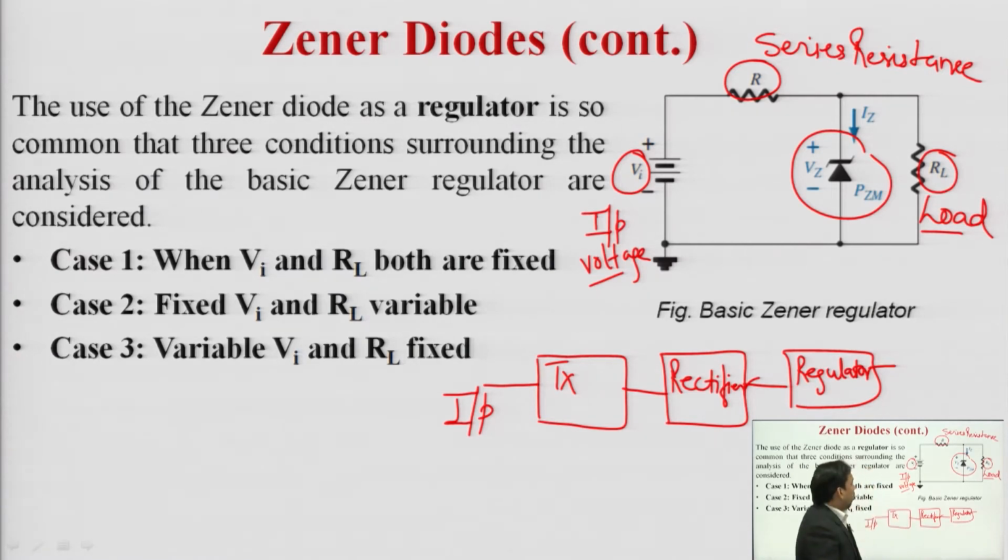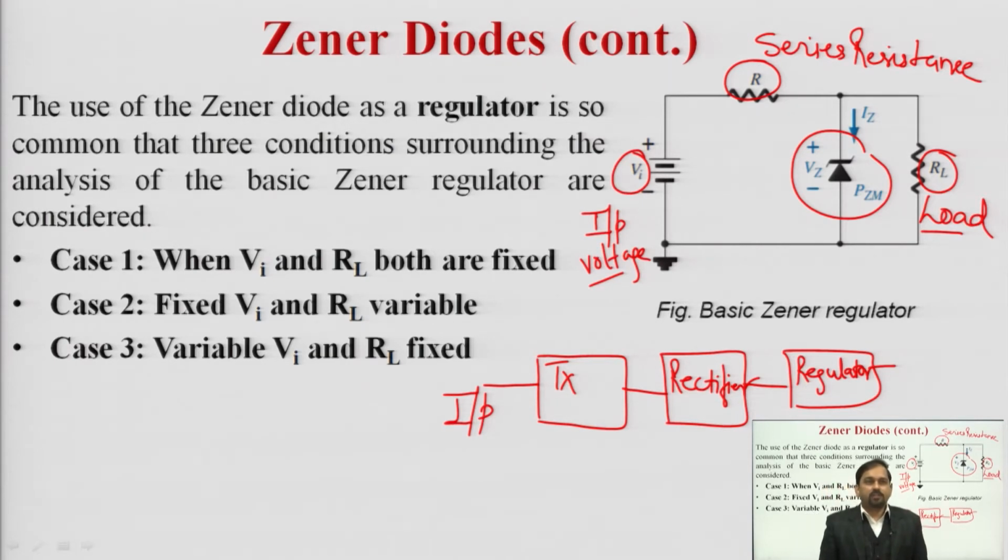If there is a fluctuation in the input signal, will the load RL work properly, that is, will the circuit provide a constant voltage or not? The motive behind this Zener diode is just to provide a constant voltage irrespective of the variation in input voltage and in the load.